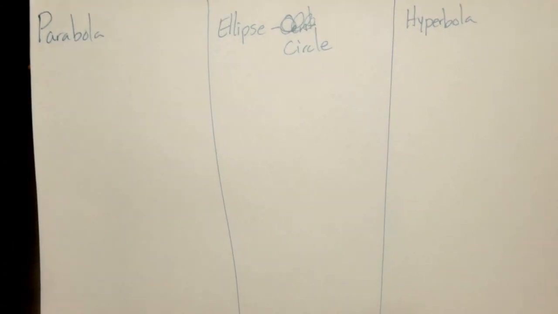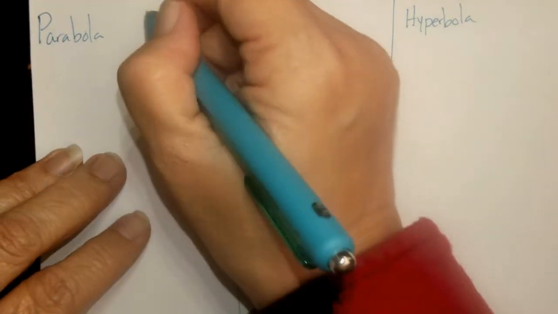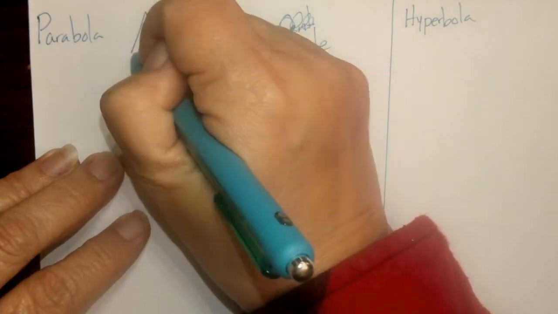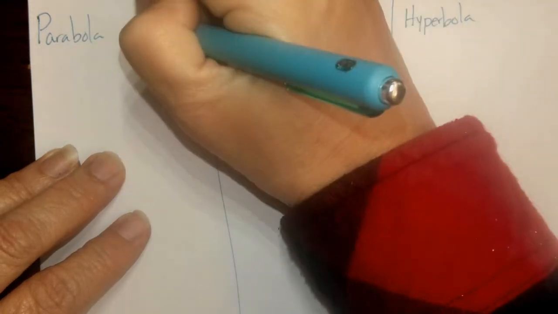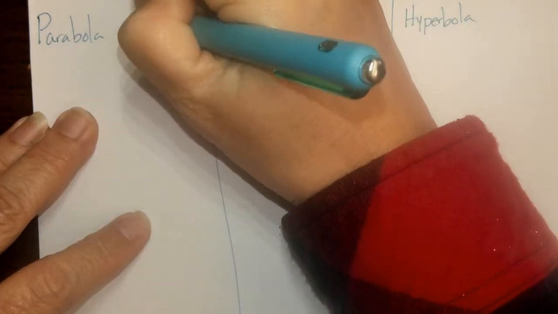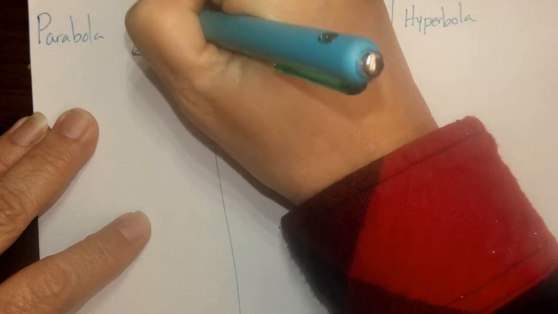So what we want to remember first about conic sections is that they are all derived from cutting a cone. Conic section, slice or cut a cone. So our parabola comes when we do a slice that is parallel to the side of the cone.